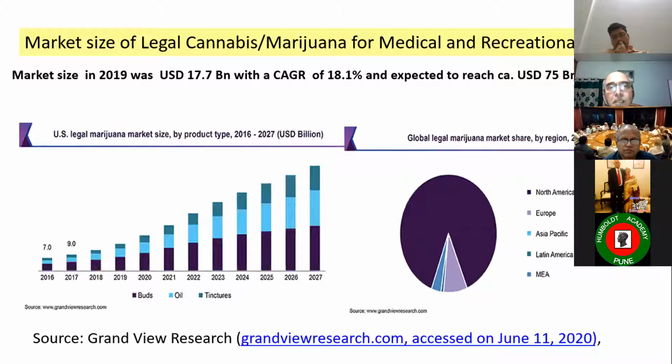Now, it is expected, the minimum, I have got 3 reports, the minimum CAGR, the compounded rate of growth, is around 18.9%, which is very high. And you can see it is expected that by 2027, the global market will be 275 billion. And if India, they have also given, if India has a very large population, India and China, then it will go into a 200 to 300 billion dollar business. It's a very big one for a single crop.